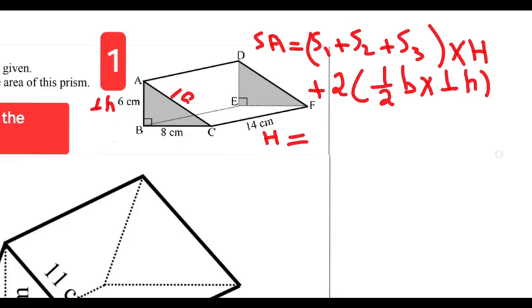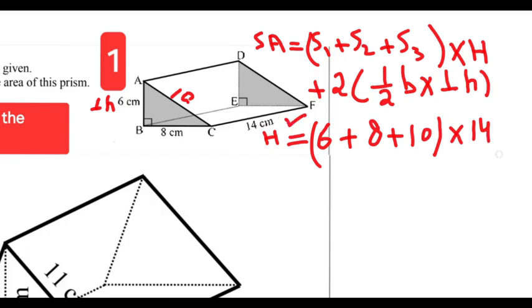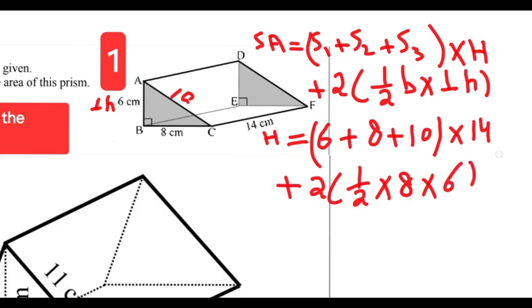So side 1 I got 6 plus side 2 I got 8 plus side 3 I got 10, multiply 14, that is H, plus 2 times 1 over 2 multiply the base, I've got 8, multiply the height, perpendicular height is 6.